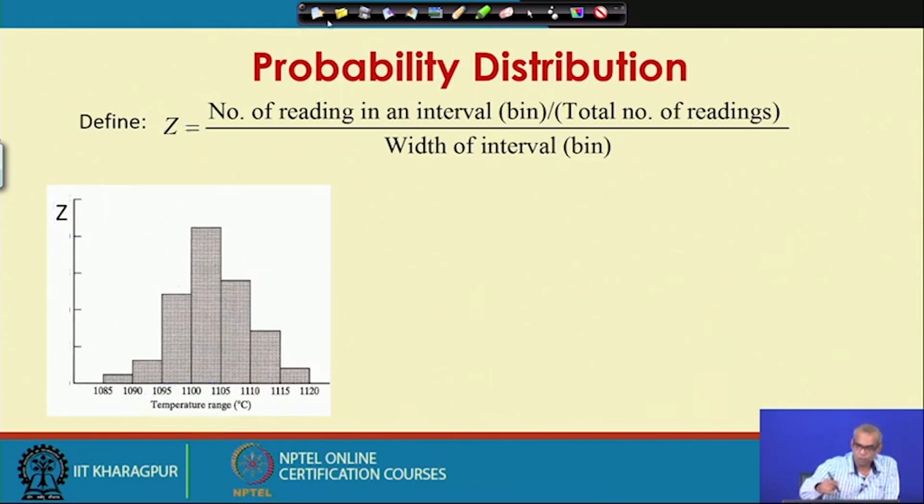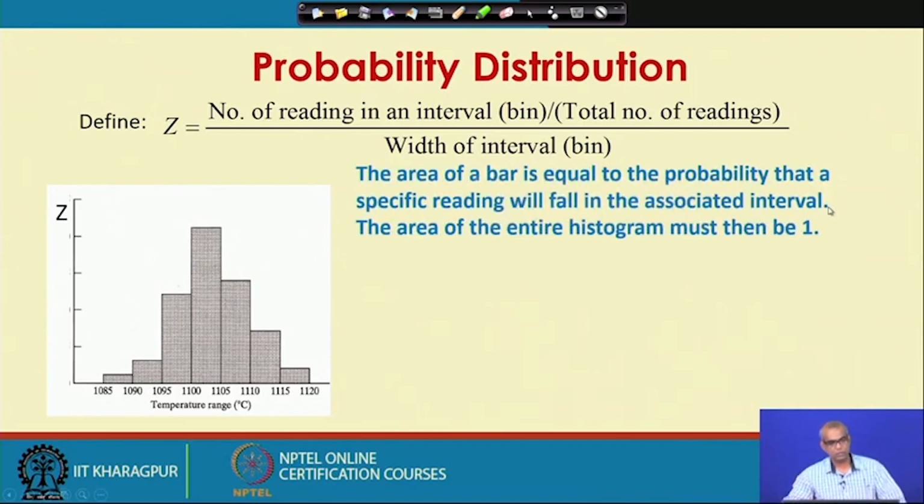Now, the area of each bar is equal to the probability that a specific reading will fall in the associated interval.